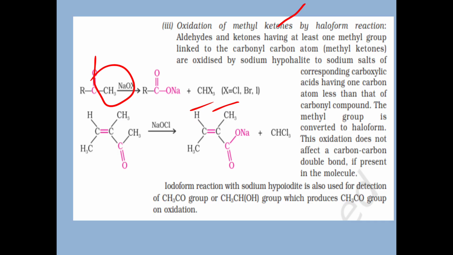The keto methyl group will give the haloform reaction in presence of NaOCl or Cl2 in water, or chlorine water, or bleaching powder, it can produce haloform. If we want to produce iodoform, we should give I2/NaOH.